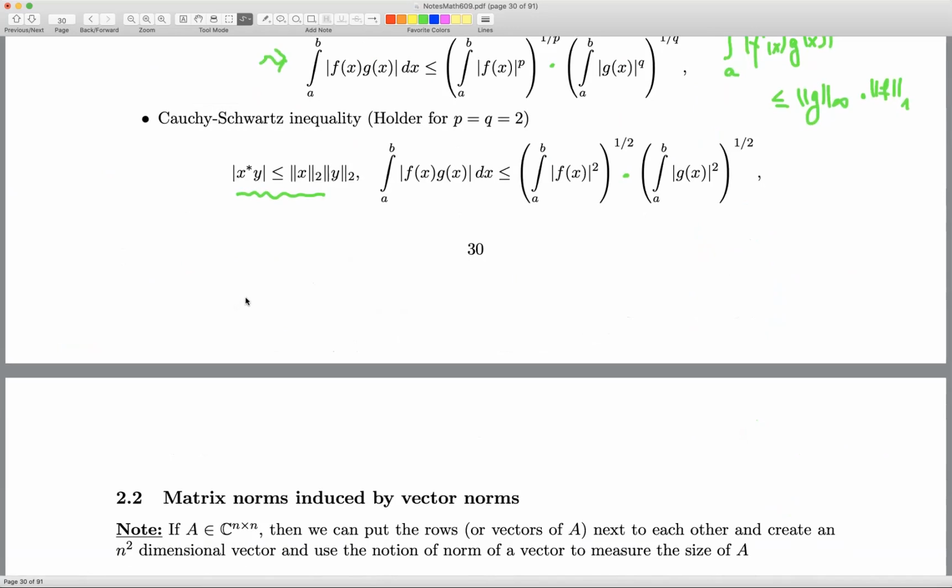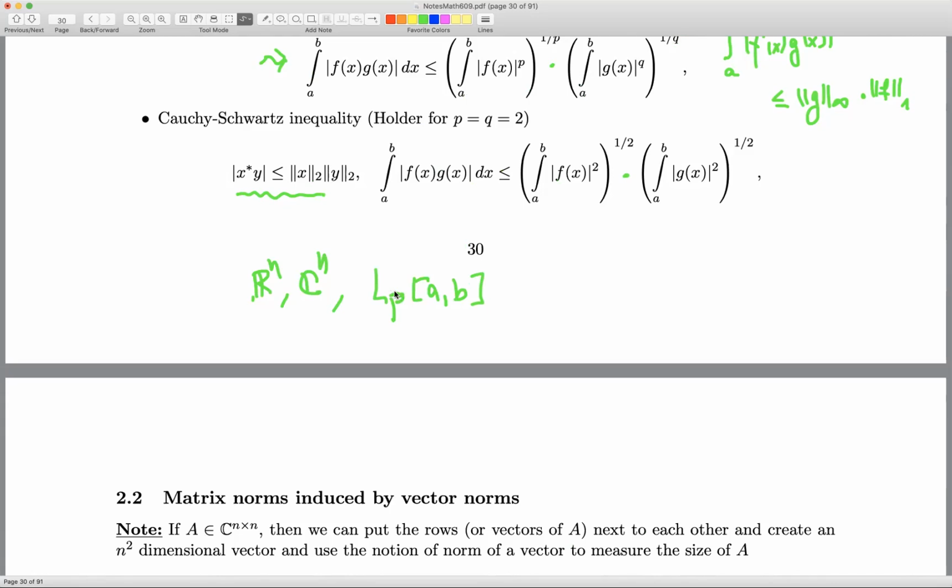We discussed so far norms and inner products for the spaces Rn, Cn, and all the spaces Lp of [a,b].